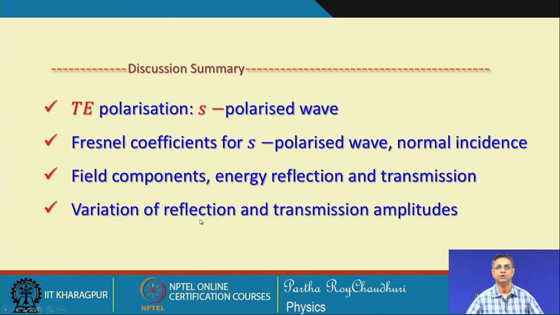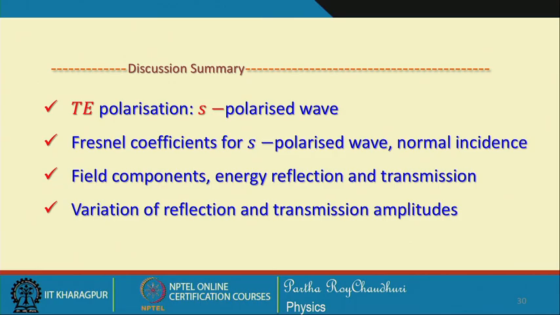Then we have also compared the variation of the reflection and transmission amplitudes as a function of the incident angle, and we could locate the Brewster's angle for the p polarized wave from this discussion. We will continue this discussion for the total internal reflection. Thank you.